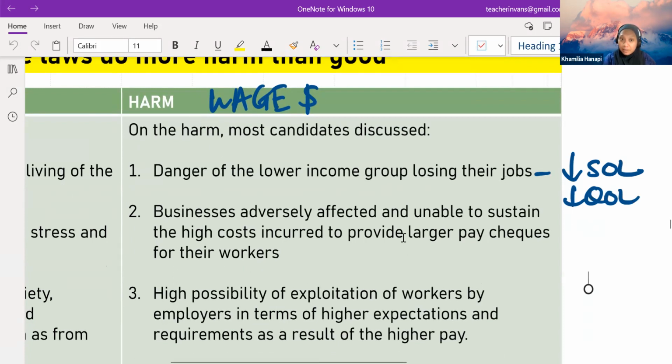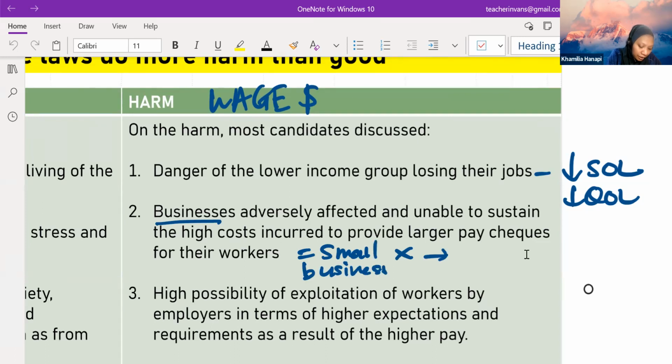Business may be affected, because now they need to pay people higher wages. And some businesses, especially what kind of businesses? Small businesses, right? They cannot afford it. And when they cannot afford it, they close down.